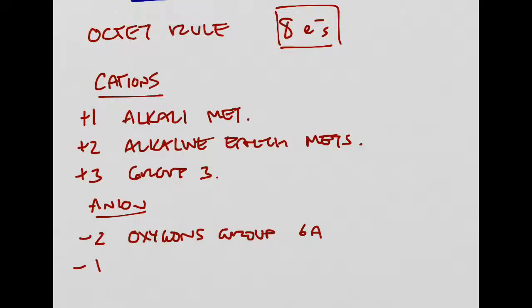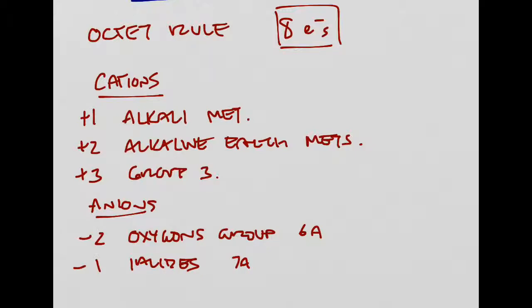And then we have the halides, which is group 7A, which starts with fluorine, that form -1 anions.